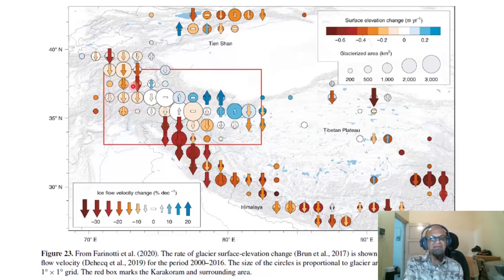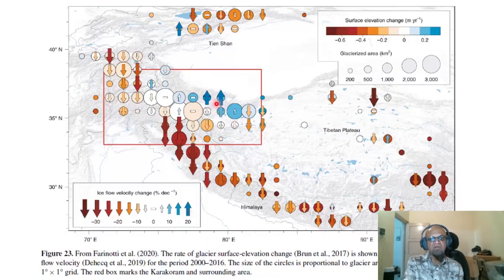It's complex. The data is not as dense and long as you would like. It's only from 2000 to 2016. So obviously you have to be always careful about decadal variability versus trends, and even the decadal variability can be modulated by global warming and so on and so forth. The ice flow velocities change in percentage per decade is shown going from -30 to +20, so decreasing versus increasing.